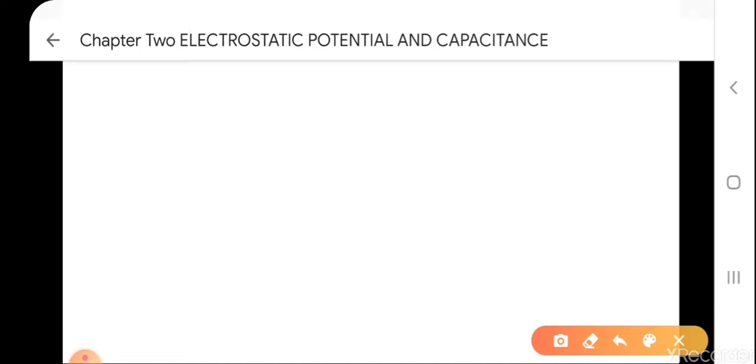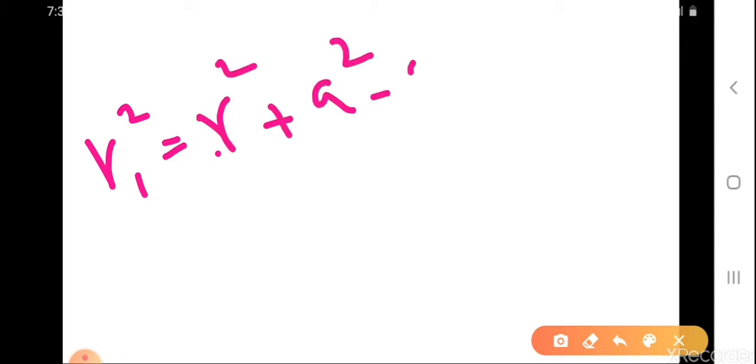This R1 square. Let me write. R1 square is equal to R square plus A square minus 2AR cos theta.